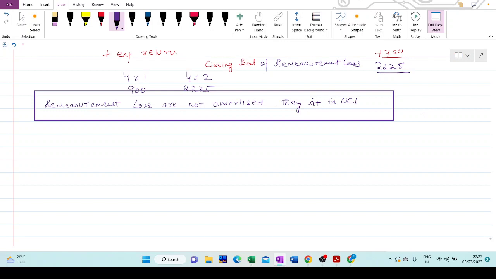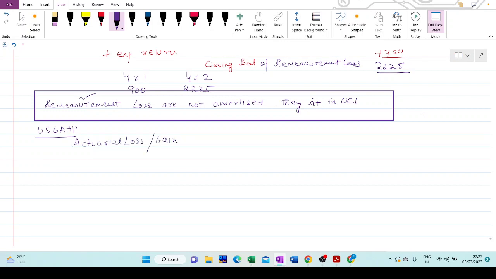Now we are going to discuss GAAP. Now, guys, what IFRS calls remeasurement losses, US GAAP calls actuarial loss or gain, right?